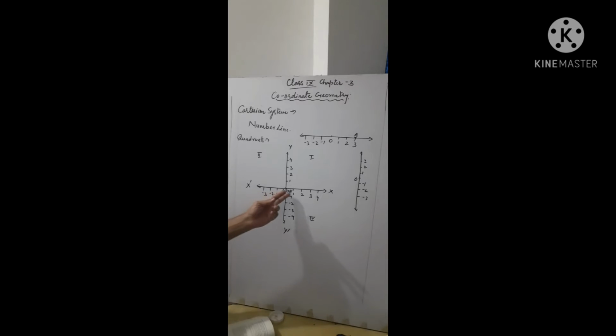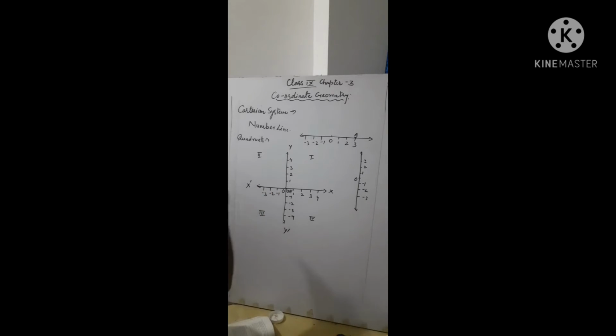So there are two numbers, so it is called an ordered pair, and this ordered pair is called coordinates.